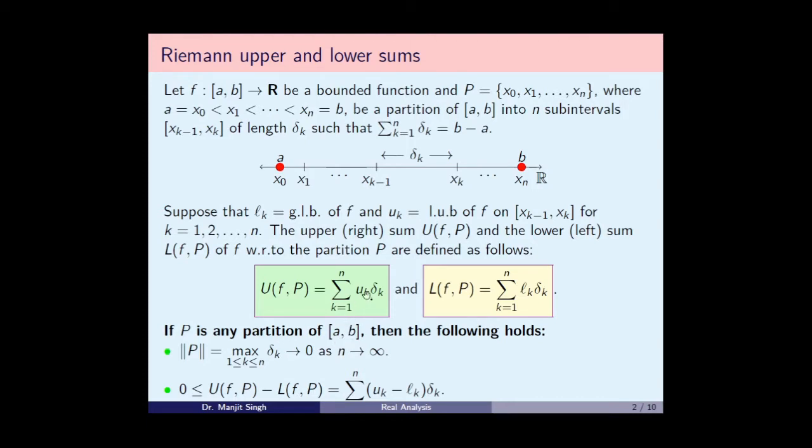It can be seen that the upper sum is defined corresponding to the least upper bound value of the function in each subinterval, and the lower sum is defined corresponding to the greatest lower bound in each subinterval. Therefore lower sum is less than upper sum, and the difference of upper sum and lower sum can be seen as the sum of uk minus lk times delta k.